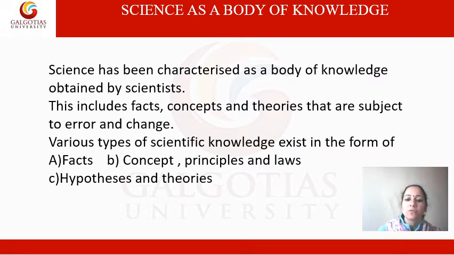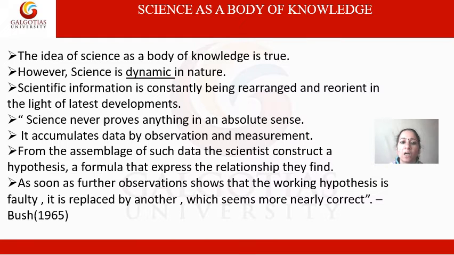So we cannot say that these theories are forever. Various types of scientific knowledge exist in the form of facts, concepts, principles and laws, and hypotheses and theories. The idea of science as a body of knowledge is true. However, science is dynamic in nature. Scientific information is constantly being rearranged and reoriented in the light of the latest developments. Science never proves anything in an absolute sense.